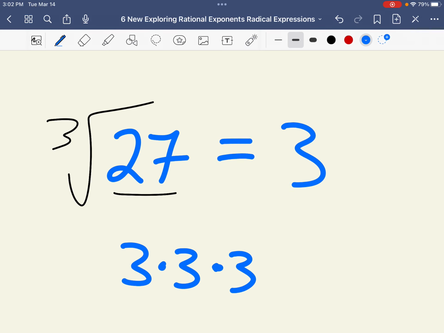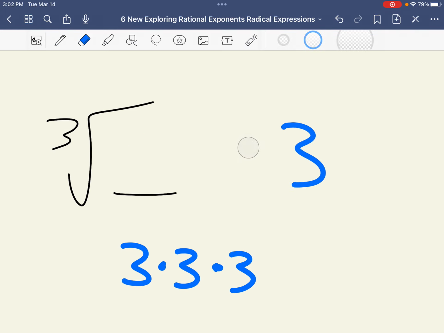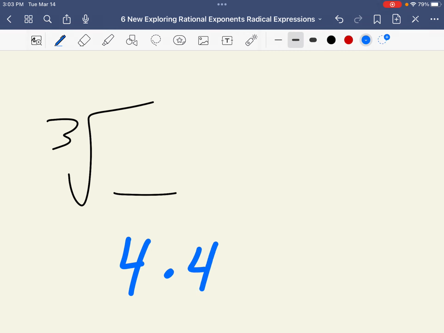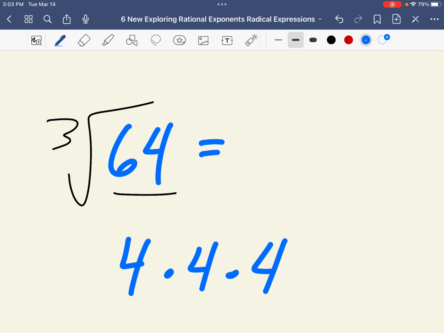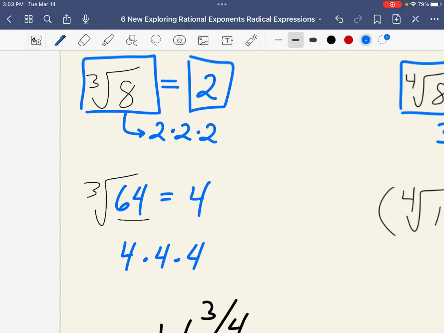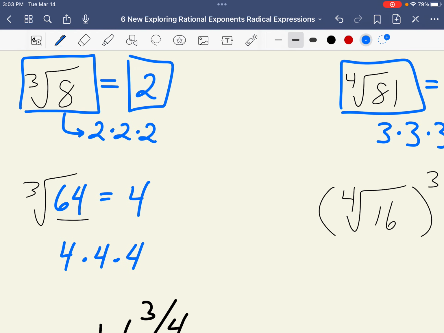Of course, that would equal 3. But what if I choose 3 4s? Well, that's going to give me another perfect cube root. Of course, the cube root of 64 is equal to 4. We're not going to fill in all of them, but the point is that we need to be able to start thinking about other perfect numbers involving cubes.